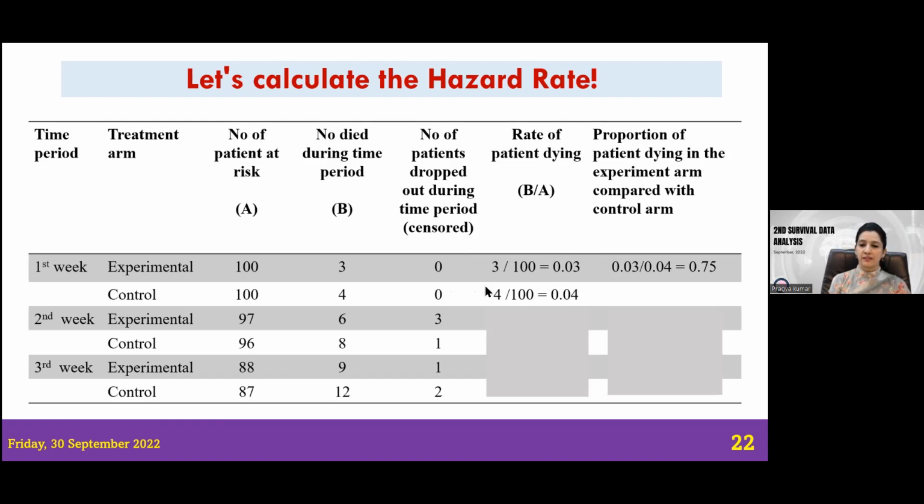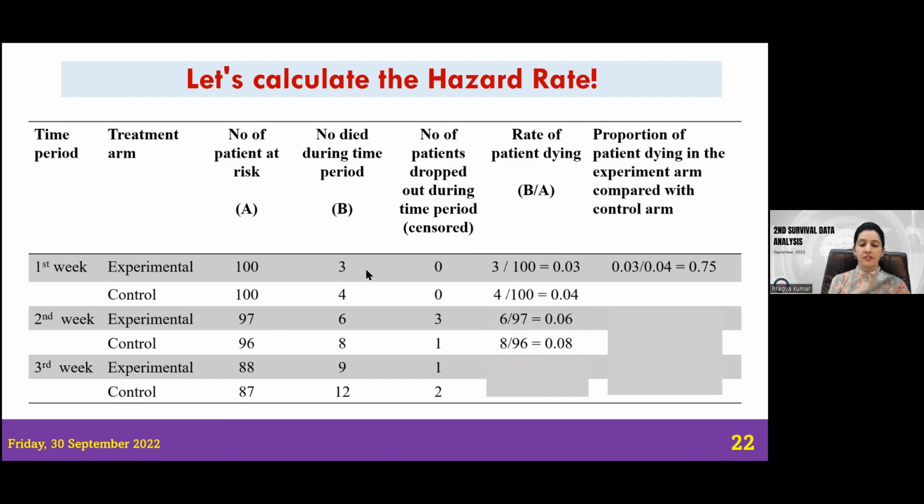This is 0.03, and this is 0.04. And if you see the proportion of patients dying in the experiment arm as compared to the control arm, you can see that this is 0.75.